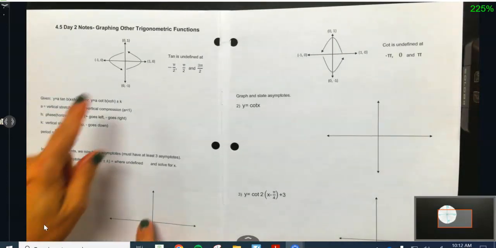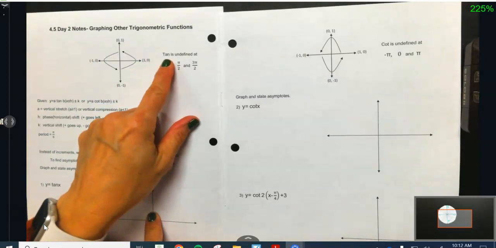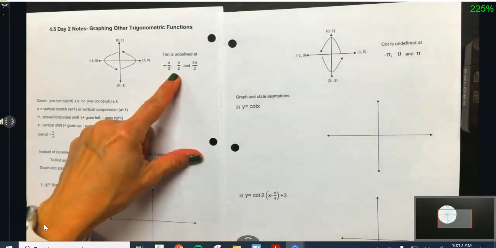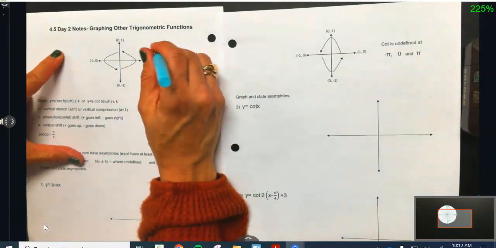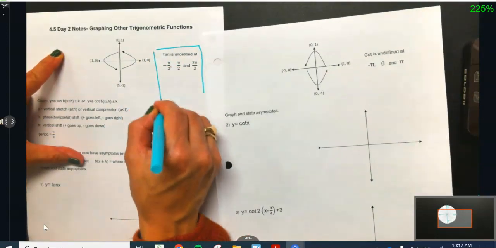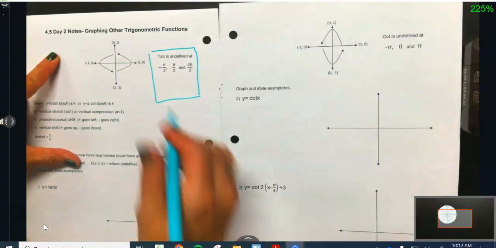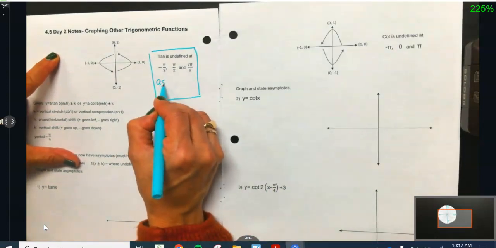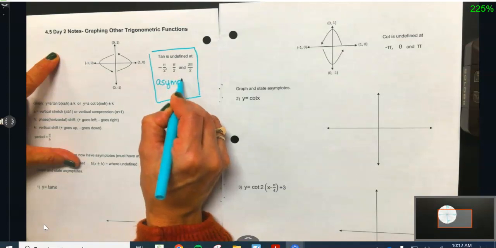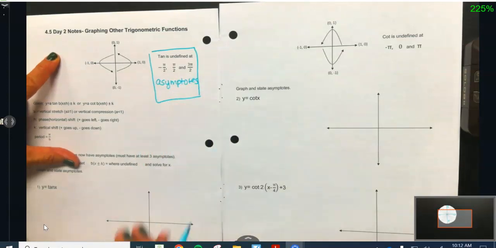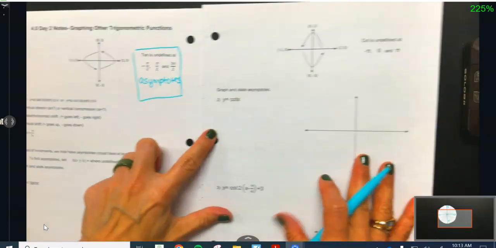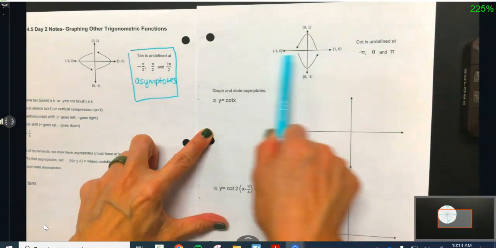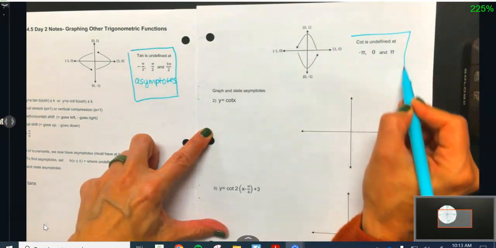All right, so remember, over here for tangent, we just talked about it, tangent is undefined at these points, which means we have automatic asymptotes. There's automatic asymptotes that are happening right there. And remember, cotangent is undefined on the whole-number marks.